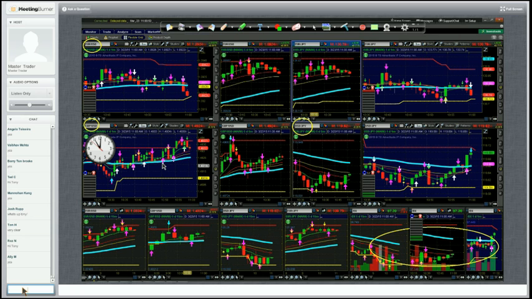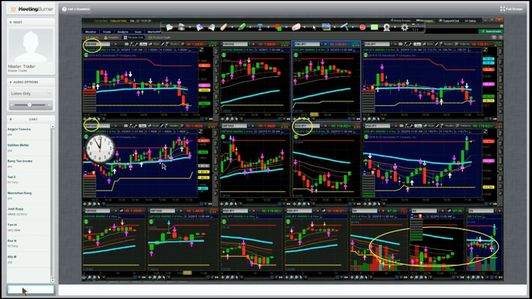Because there were times, for example, a couple of weeks ago where the pound was kind of off. It wasn't correlating as much because of news, because of certain things that are keeping it from correlating as much. You want to make sure everything is correlating. Most of the time it will correlate.